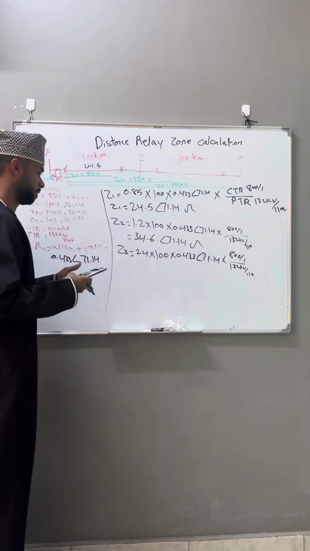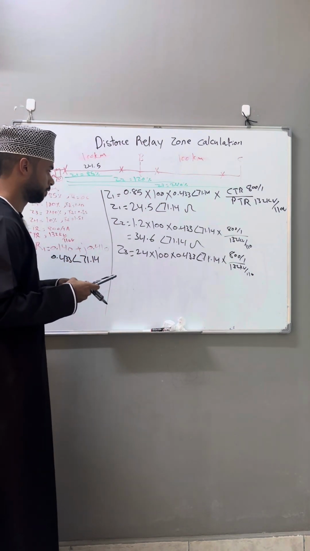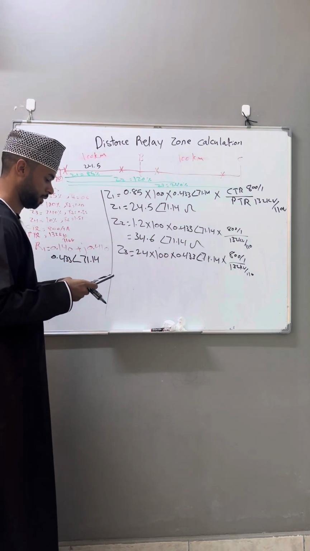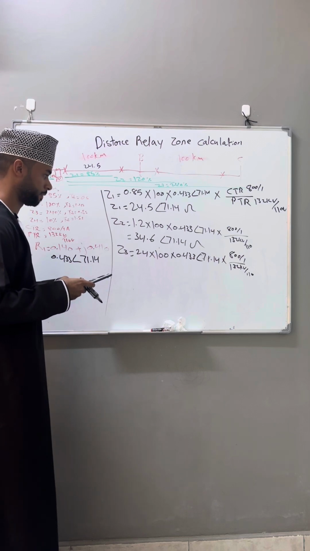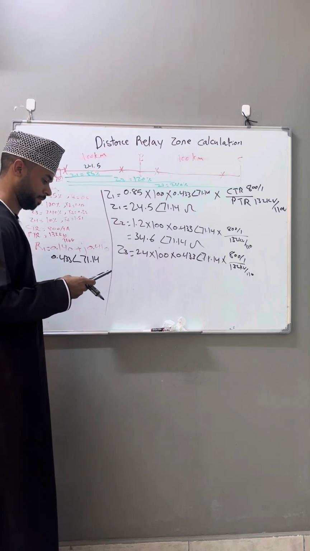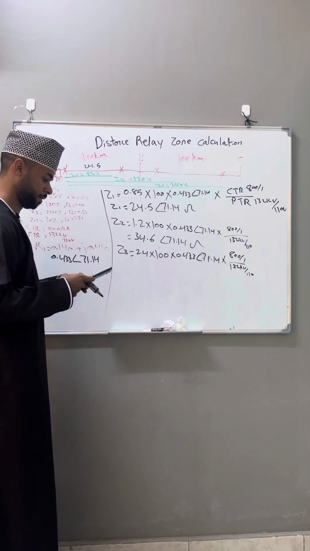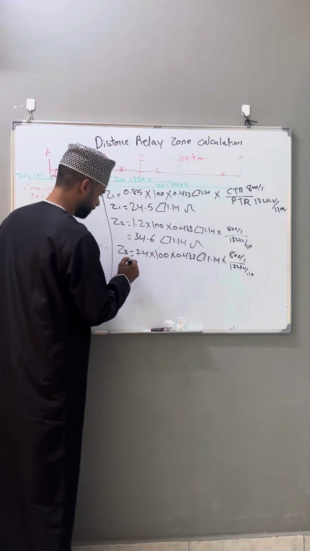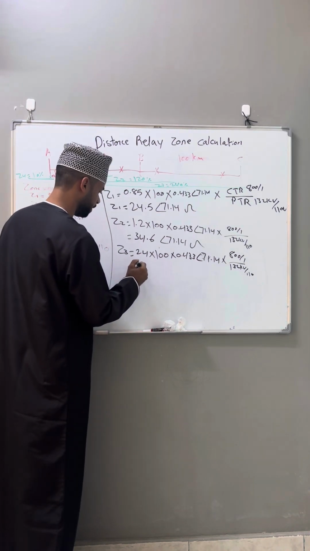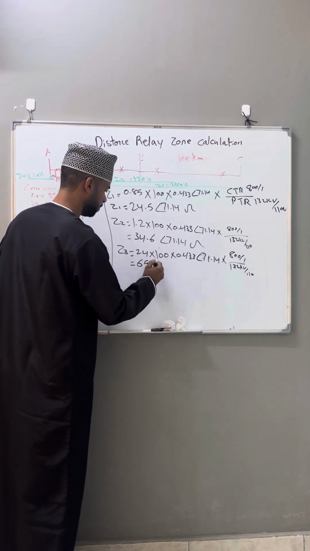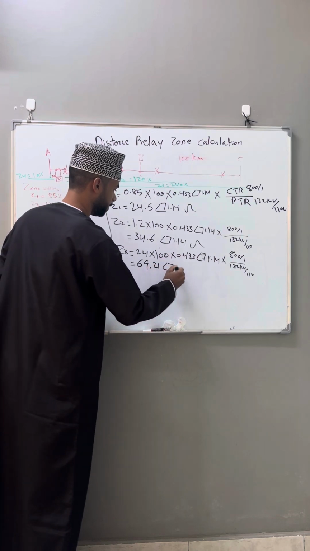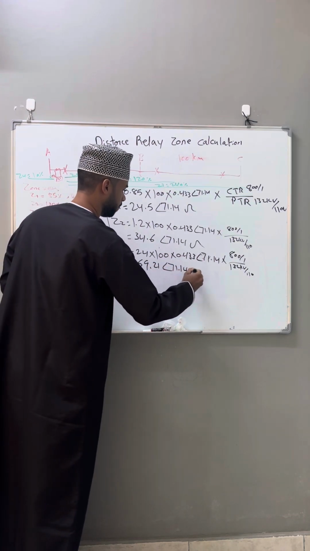So let's calculate: the answer for zone 3 will be 69.21 with angle 71.14 ohm.